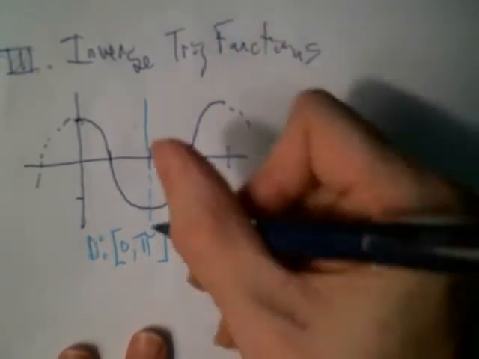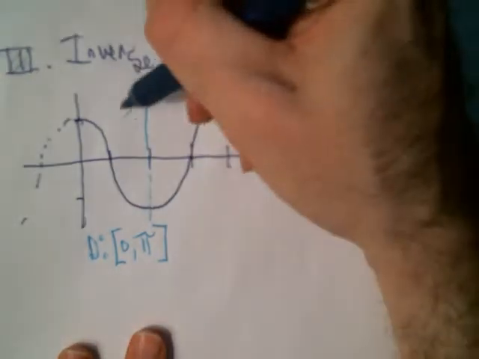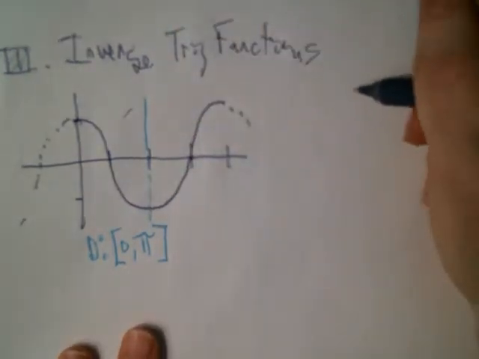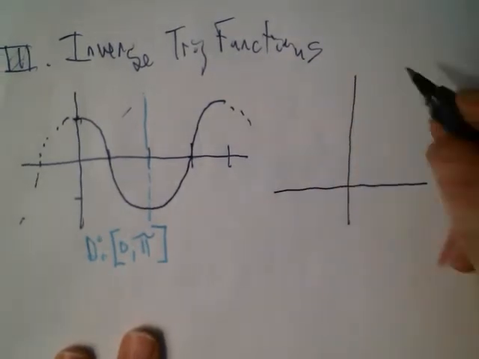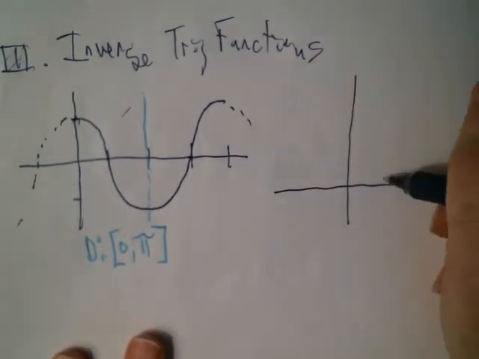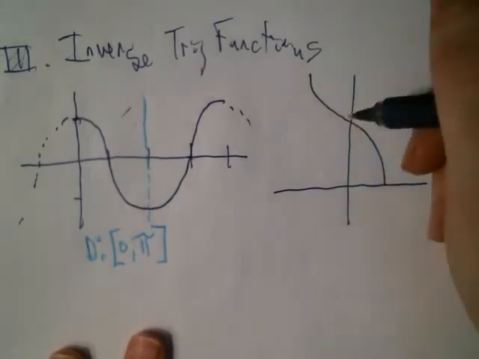the graphical inverse of cosine, just by rotating this thing about the line y equals x. Okay, so it's not entirely easy or intuitive the way it's shaped, but at the end of the day, you're going to end up with this character. Okay, it looks like that.